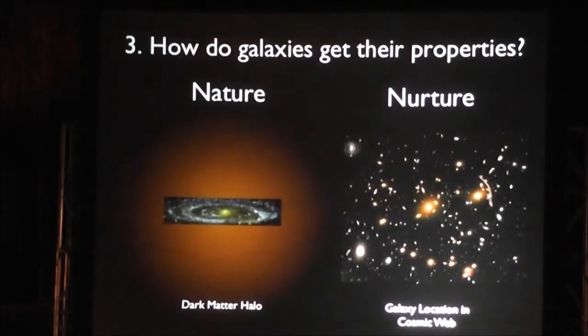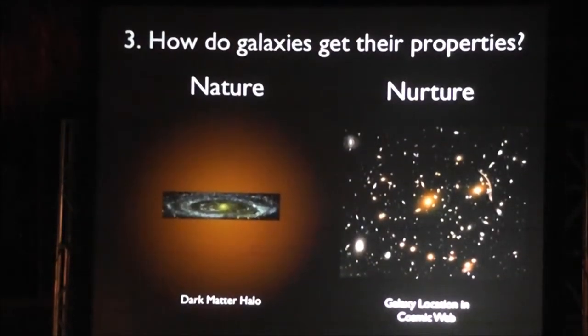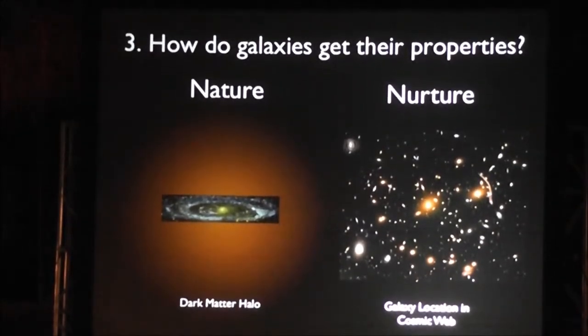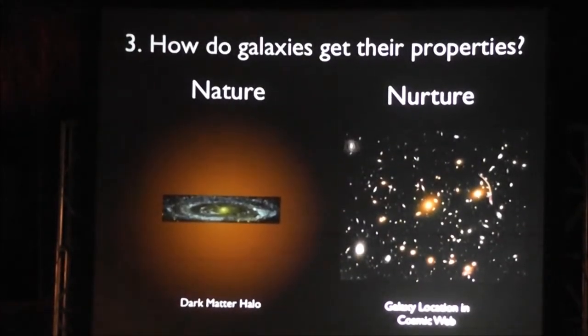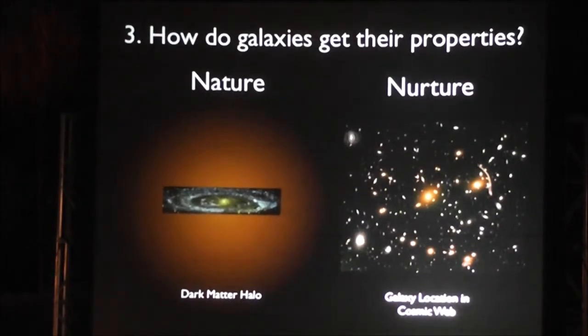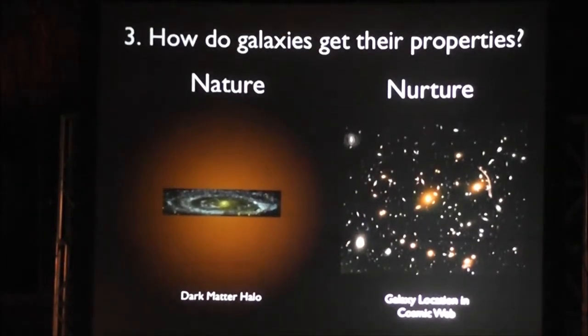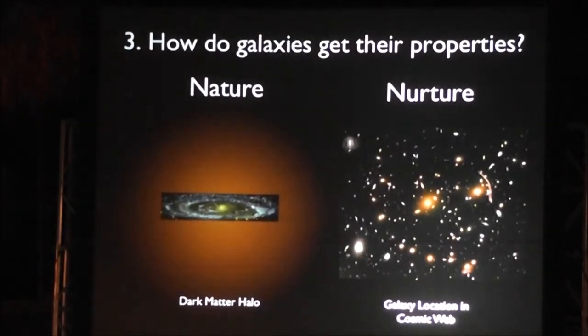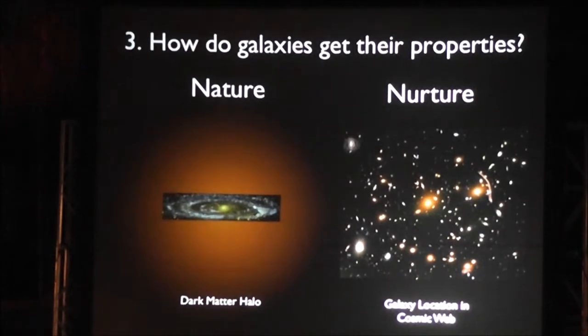The nature might be, well, they fall into a dark matter halo, we call it, the lump that it falls into. And that may just tell the galaxy how to be over its life. But it may live in an environment that changes the galaxy over time. So it may be nurture. And the location in the cosmic web may determine this.